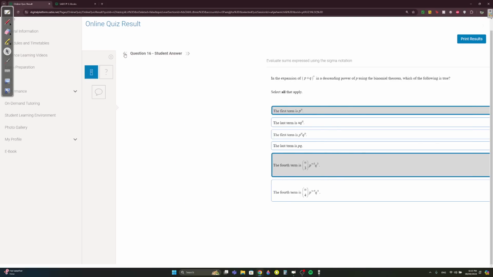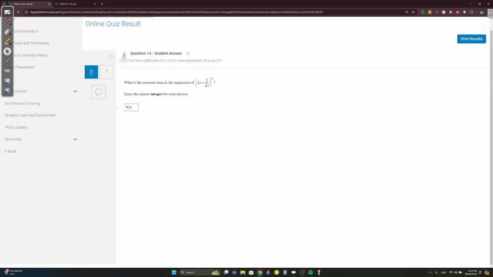Back to here, question 14. Whenever you're faced with these questions, remember we said always write down the general term. The general term was 12Ck, x to the power of 12 minus k, times minus 1 over x, to the k. Remember we write this down, right?